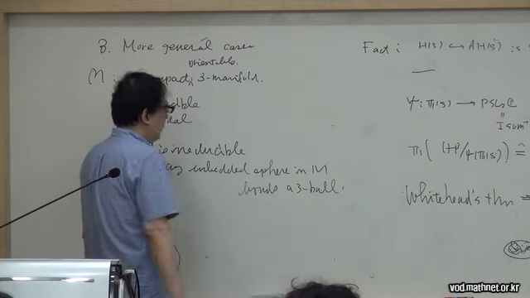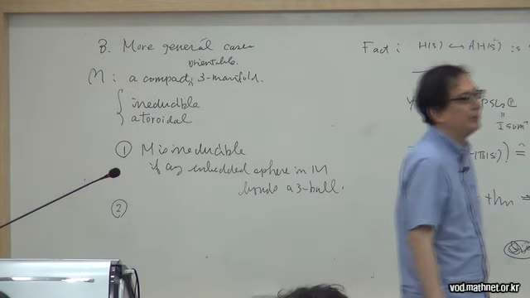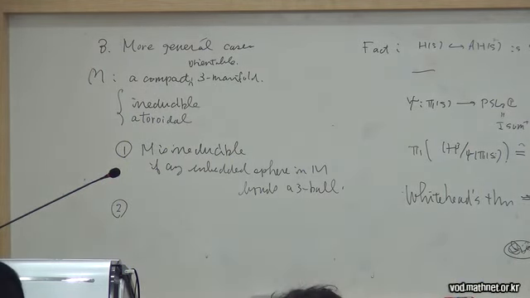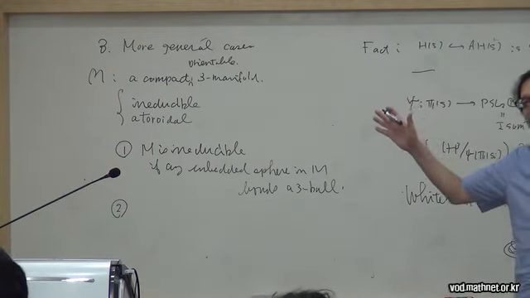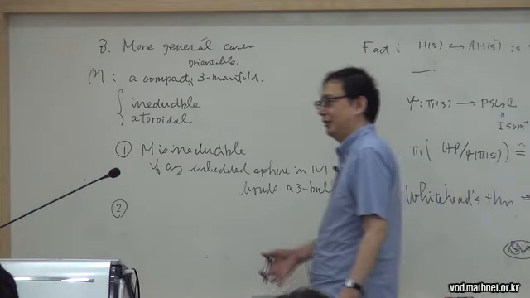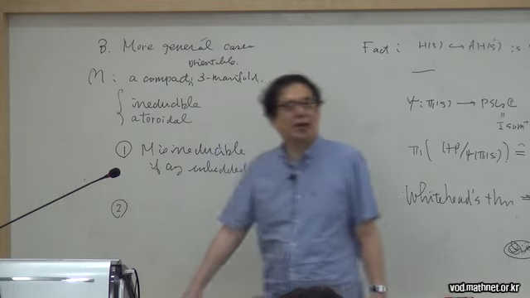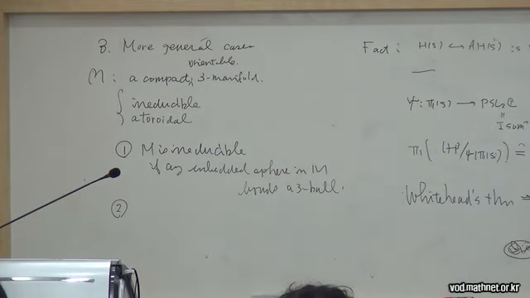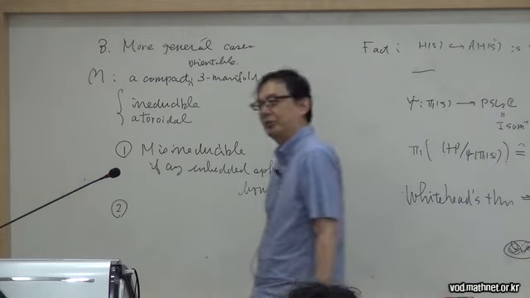If you look at a three-manifold which is not irreducible, which is said to be reducible, then you just take any three-manifold which is not a sphere and consider the connected sum. Then you get a three-manifold which is reducible. Except for S2 cross S1, you have a reducible three-manifold.